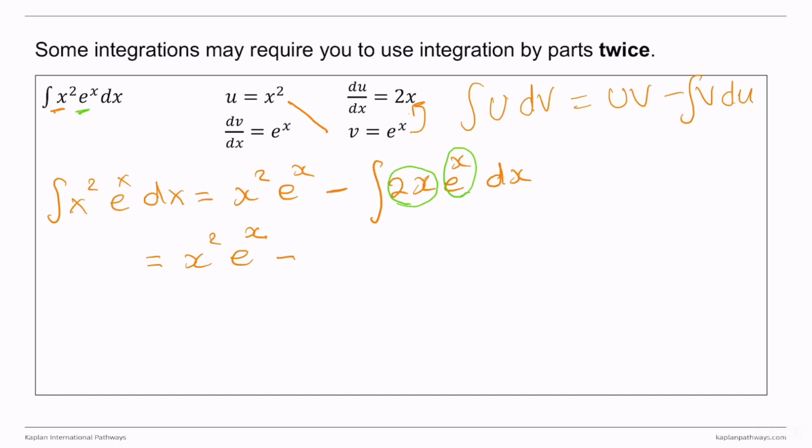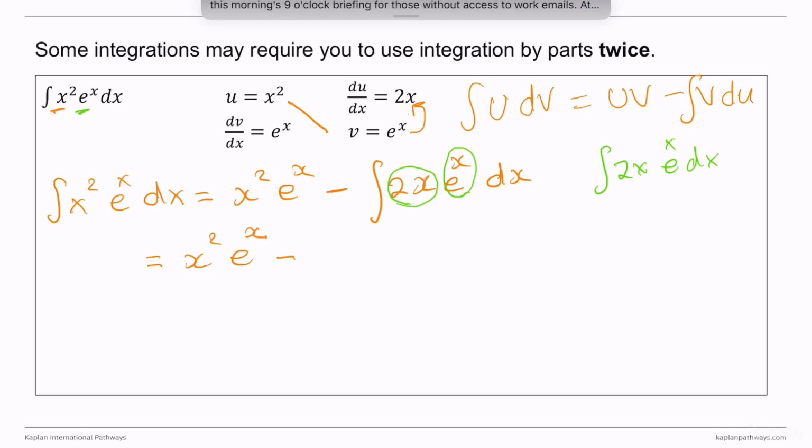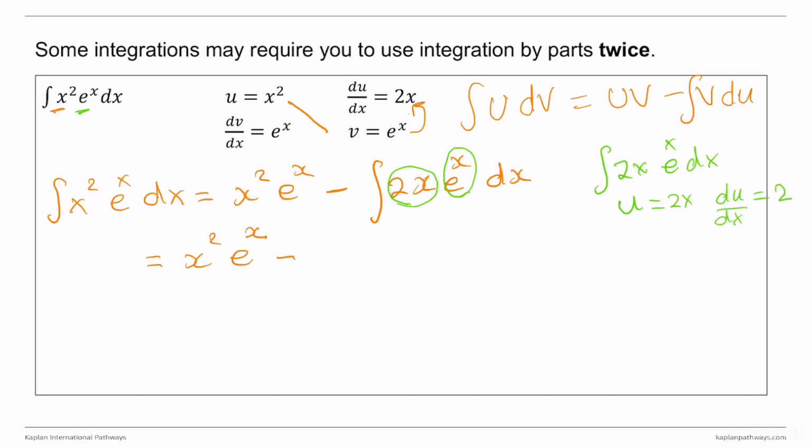So what we will do for this one, write it in green here, the integration of 2x e to the power x dx, will make one of them u and one of them dv. So u equals 2x, du over dx is 2, and dv over dx is e to the power x, and v equals e to the power x.